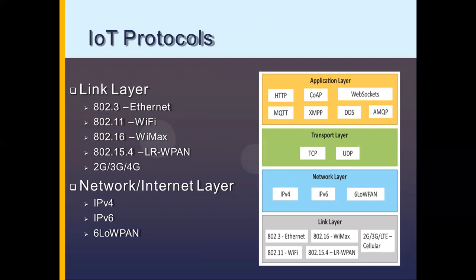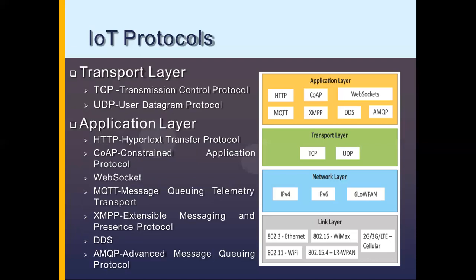Okay. Moving on to the next layer, called the transport layer. Here we have two protocols: TCP and UDP. TCP is Transmission Control Protocol. UDP is User Datagram Protocol. These two transport protocols are responsible for transmitting the data from one end to the other, from source to destination.